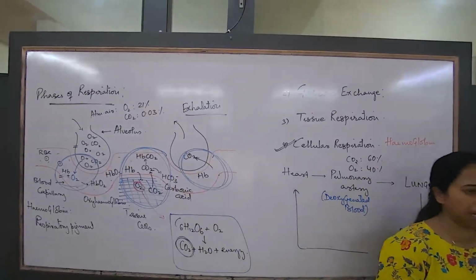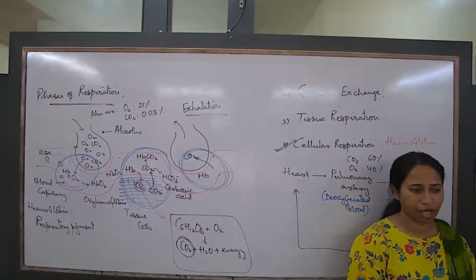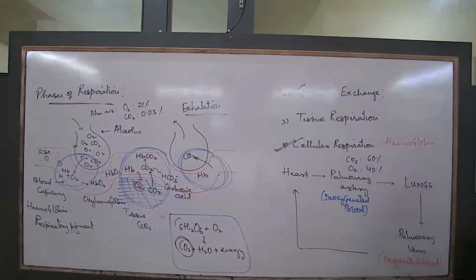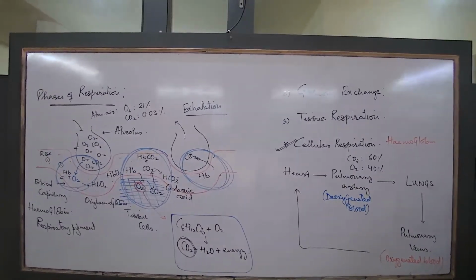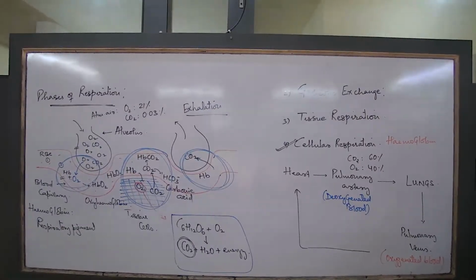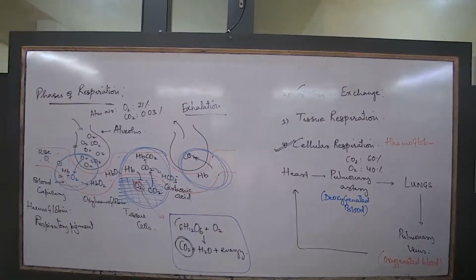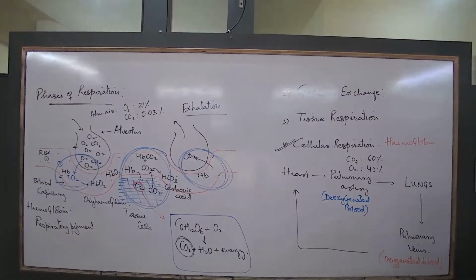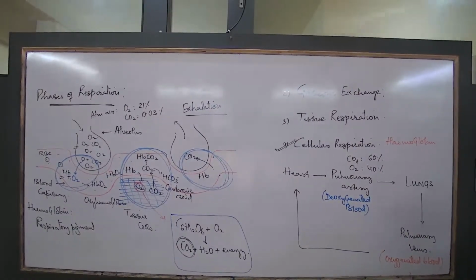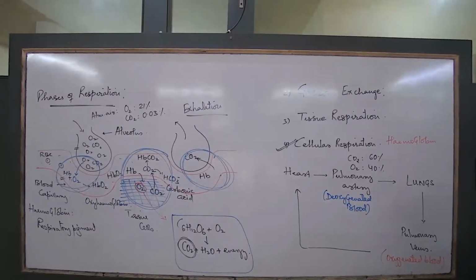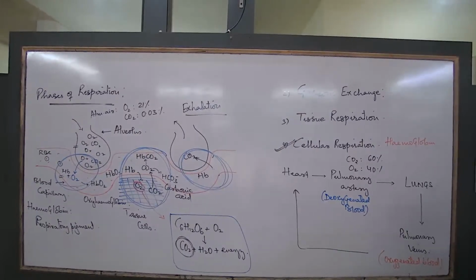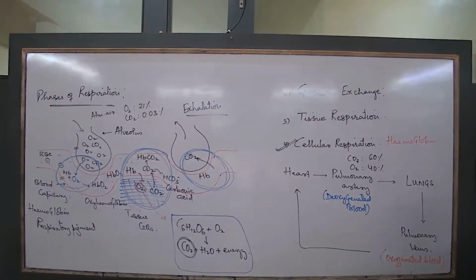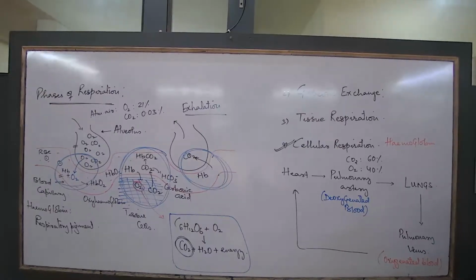Next point, carbon dioxide diffuses from the blood towards the alveolus and is released out of the body during exhalation.